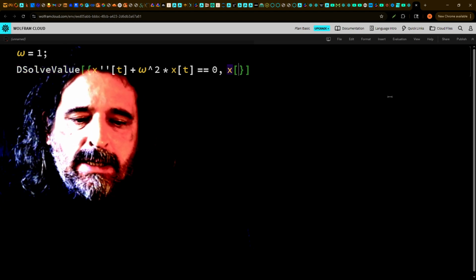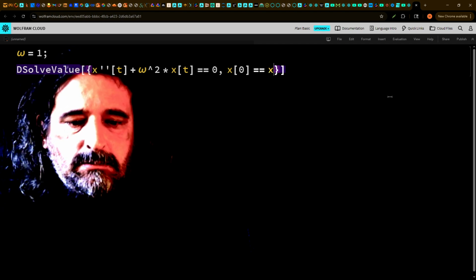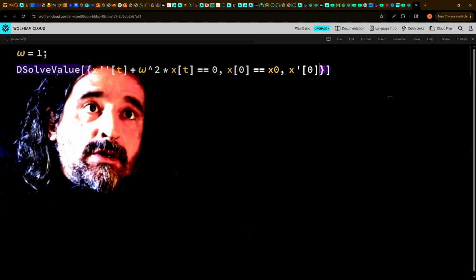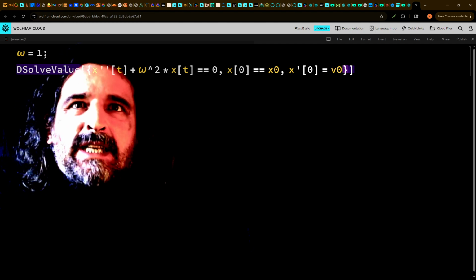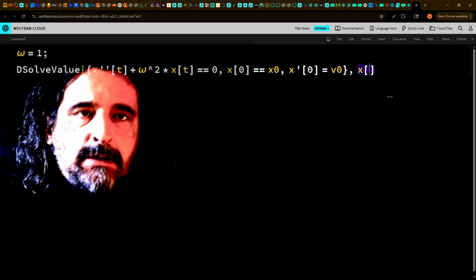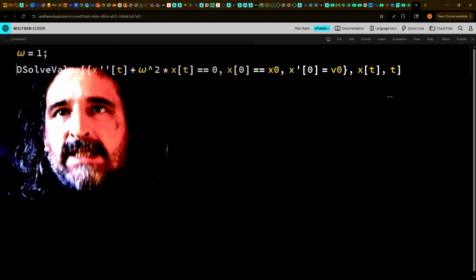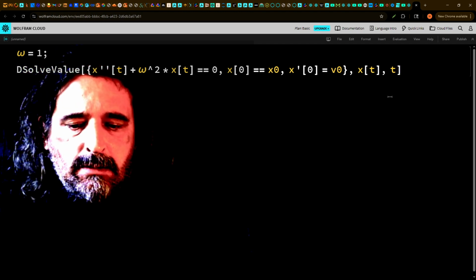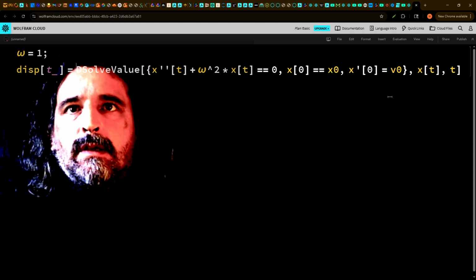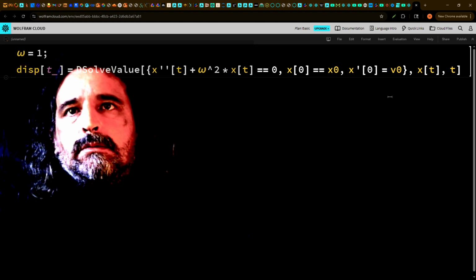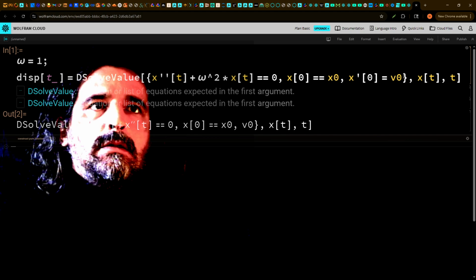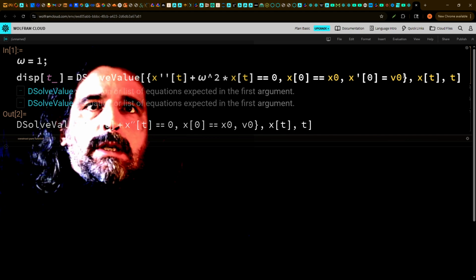Then the next is the initial condition, and then the initial condition for the velocity. I cannot put subscripts here, unfortunately. I want to solve for x of t as a function of t, and I'm gonna call it disp of t, like this. With this you define a variable, a list of equations.